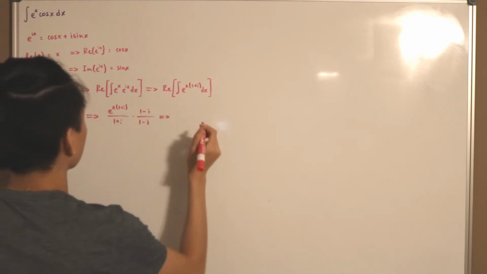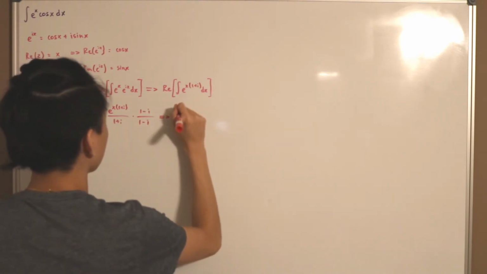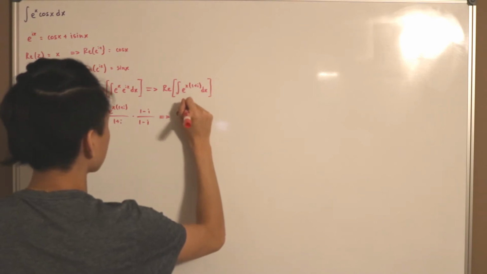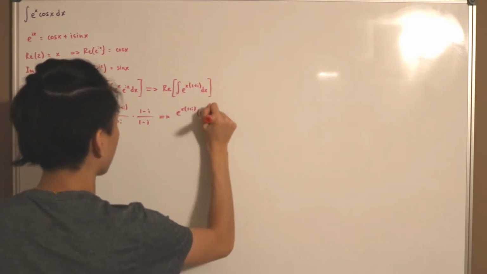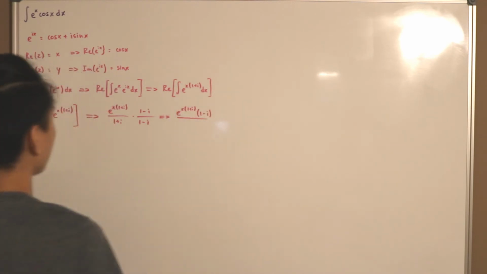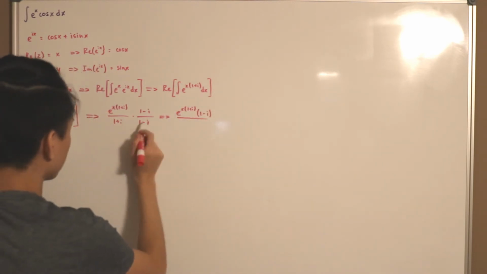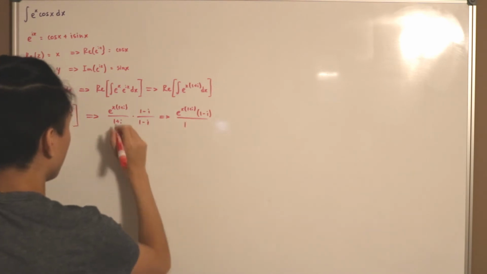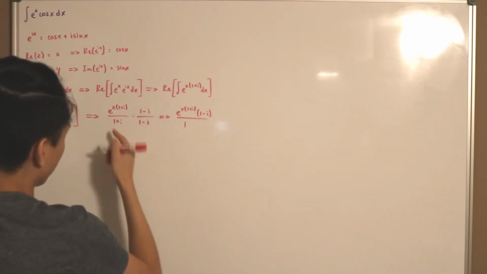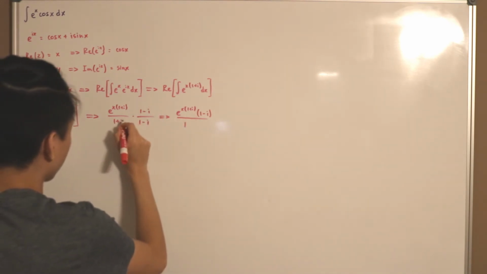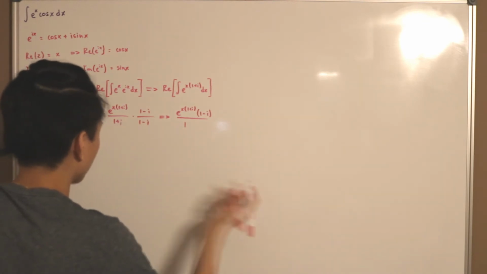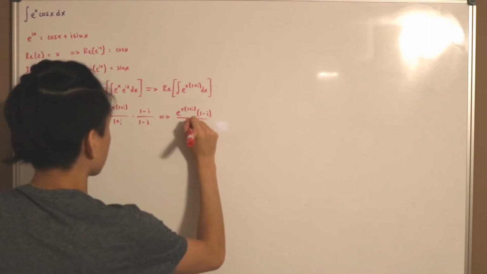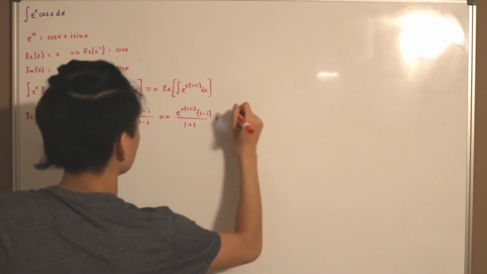That way we get e to the x multiplied by (1 plus i) times (1 minus i). Performing FOIL, 1 times 1 is 1, 1 times negative i is negative i, and then positive i, they cancel, and then we have i multiplied by negative i, which is negative i squared. That's equal to plus 1, so this is 2.